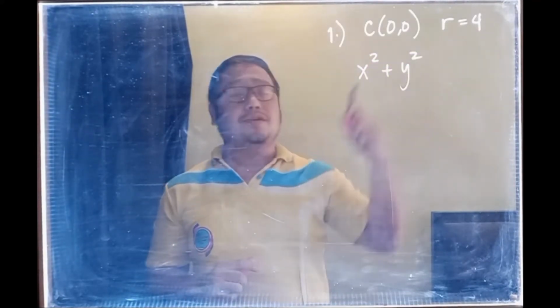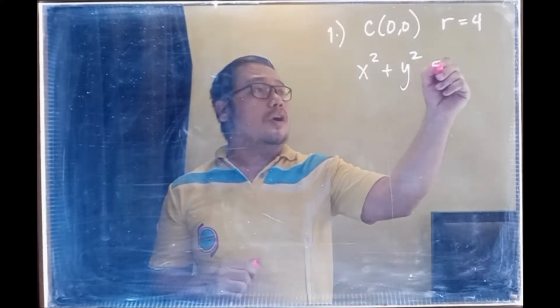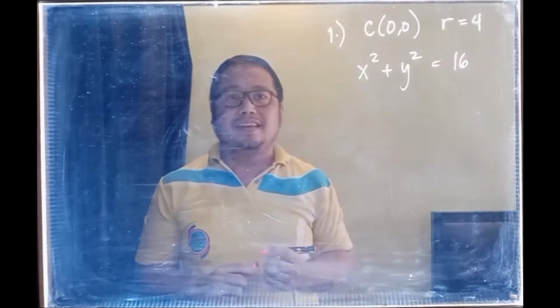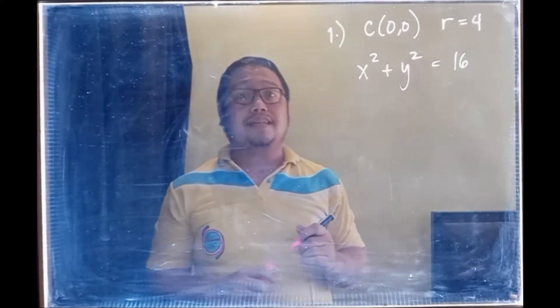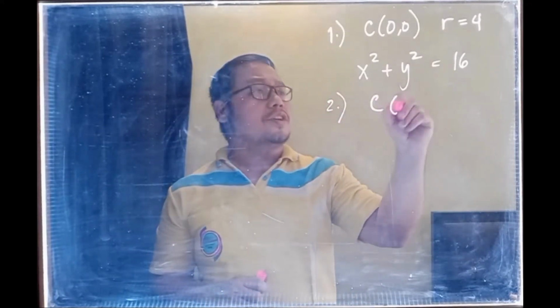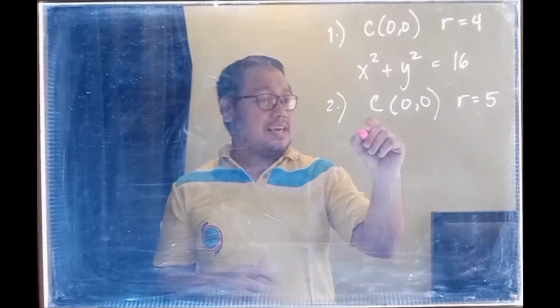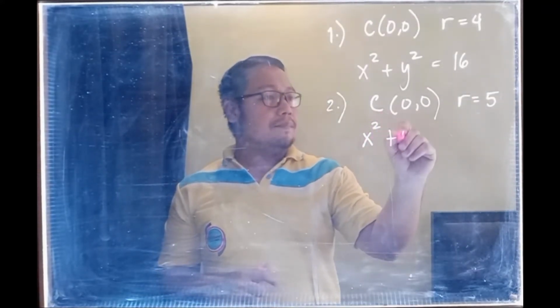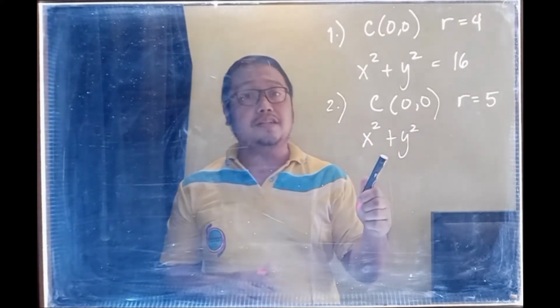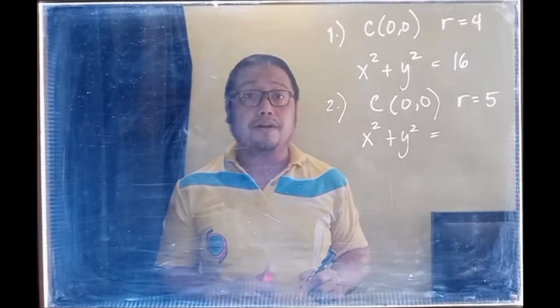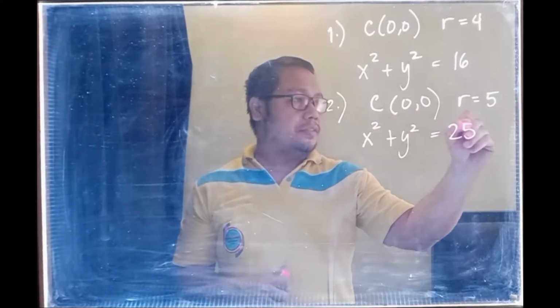Since our radius is equal to 4, our r squared becomes 16. Next, let's have another example. The equation is x squared plus y squared, since the center is at (0, 0), and then your r squared here will become 25.